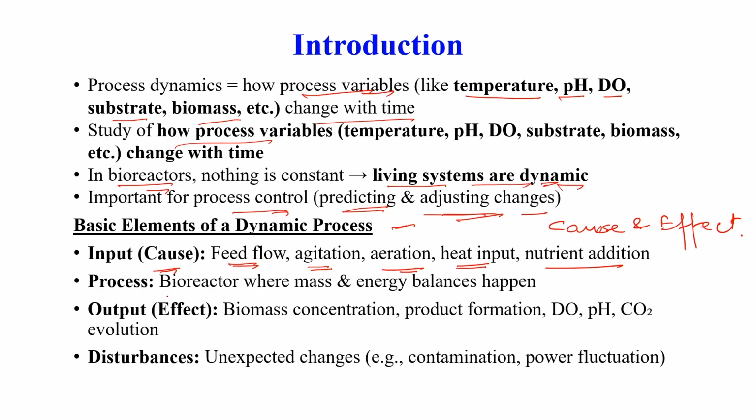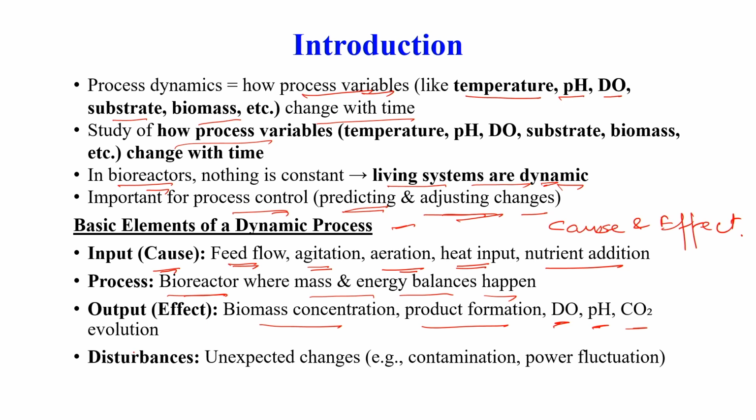Process is bioprocessing, in which mass and energy balance happen in a bioreactor. Output, what is output? You can have biomass concentration, product formation, even dissolved oxygen can be considered as output, pH, even carbon dioxide generation.